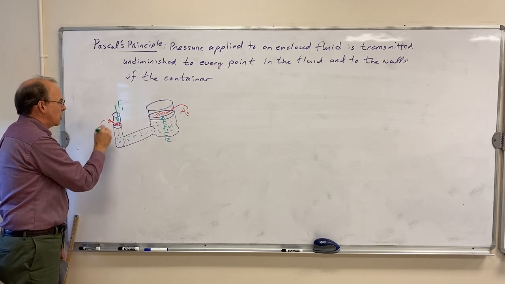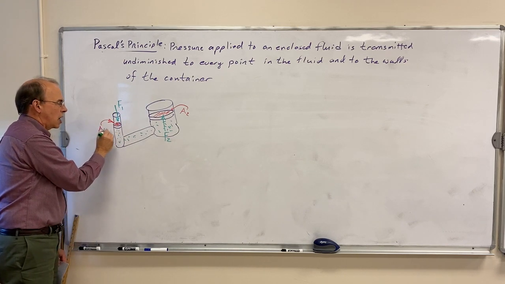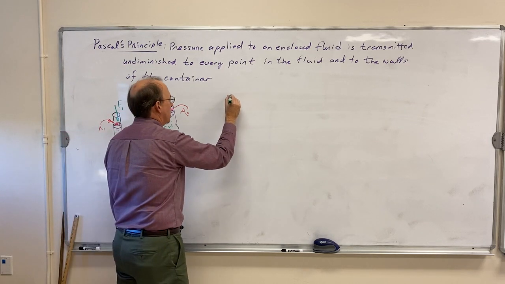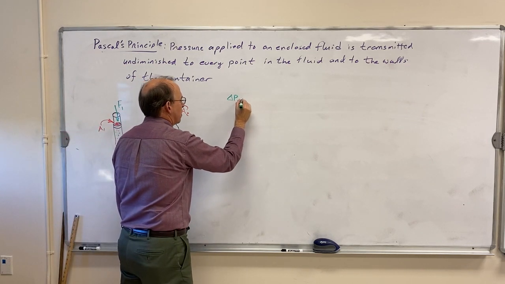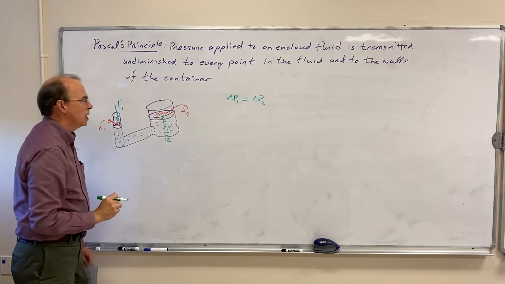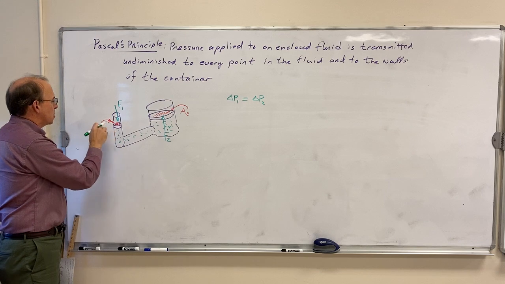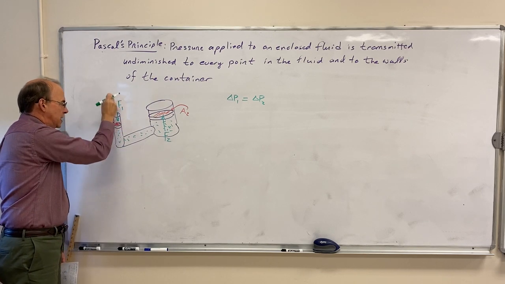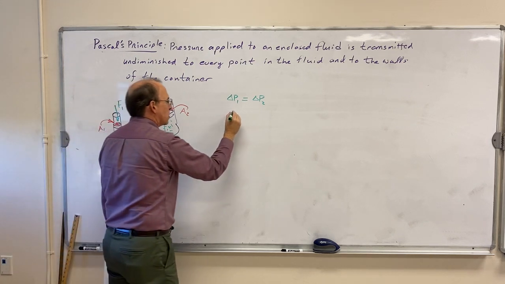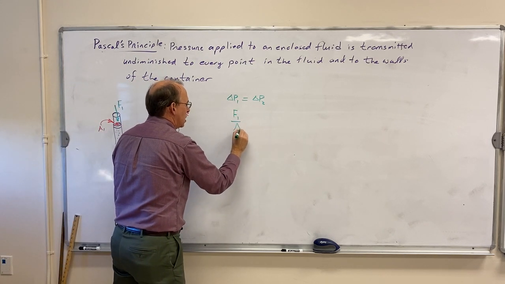What I know is when I apply this force here, where there's this area A1, the increase in pressure will be the same everywhere. So the pressure increase over there, delta P1, is the same as the pressure increase over here, delta P2. So the pressure increase over here, when I push down on this piston, is the force I apply over the area.